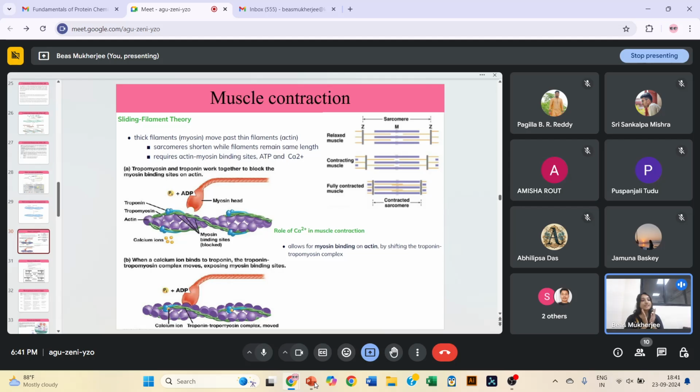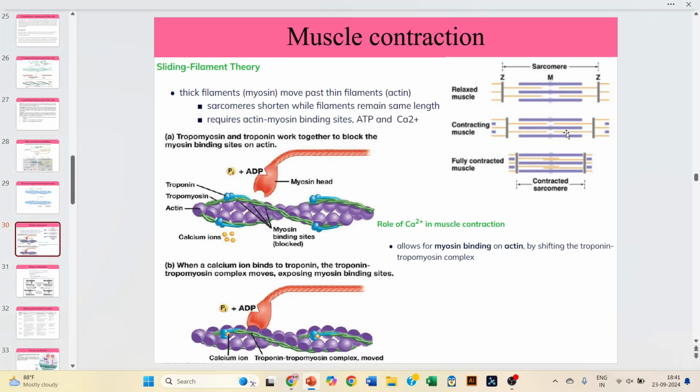So based on the sliding filament theory, thick filaments of myosin move past the thin filaments of actin. So this is the thick filament and this is the thin filament, and they require actin-myosin binding site, ATP and calcium 2+. So tropomyosin and troponin work together to block the myosin binding sites normally when contraction is not happening.